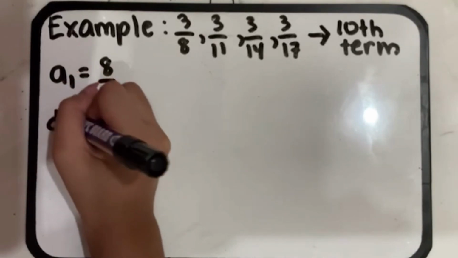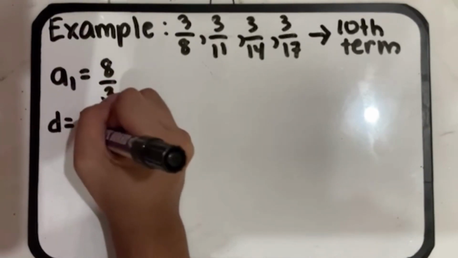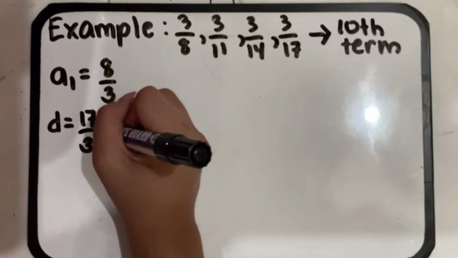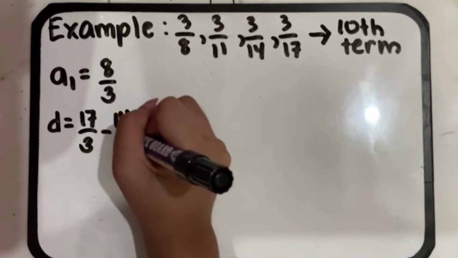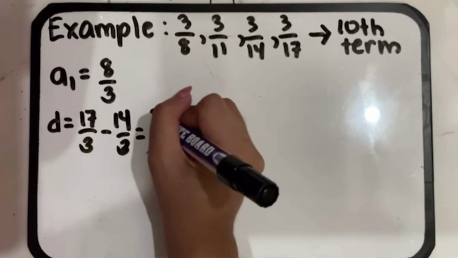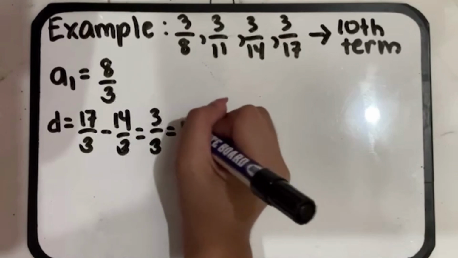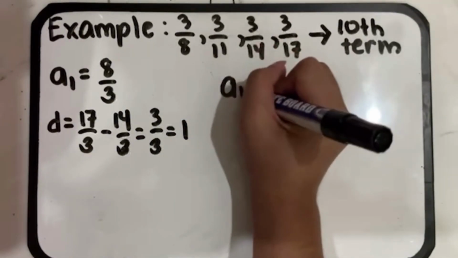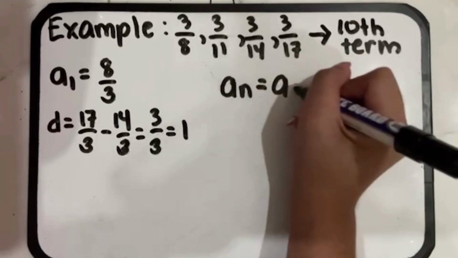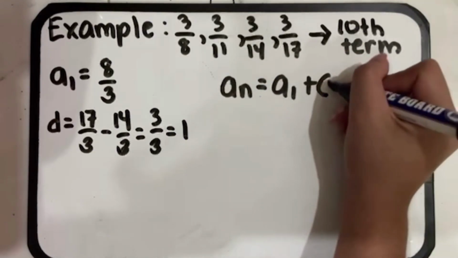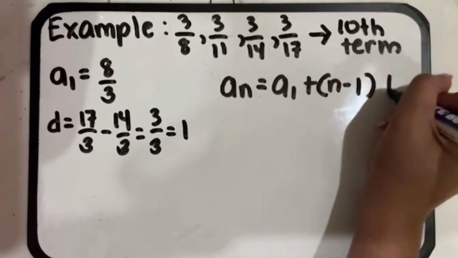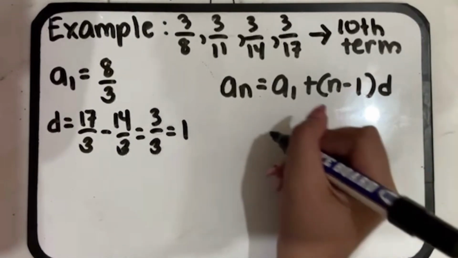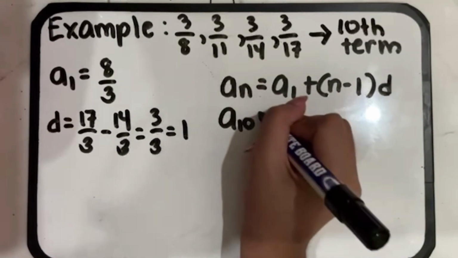To get the difference, get the reciprocal of the last two terms, then subtract. Then divide. Our common difference is 1. And using the arithmetic formula, a sub n equals a sub 1 plus n minus 1 times d, then substitute.